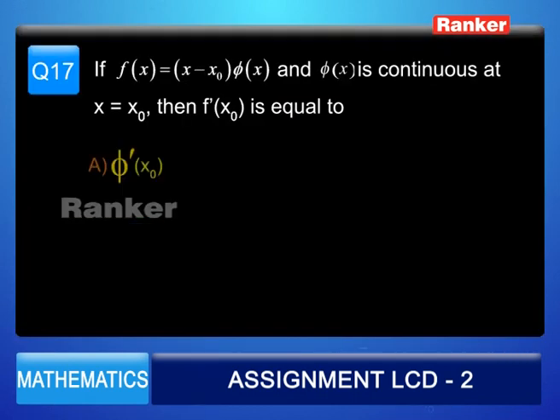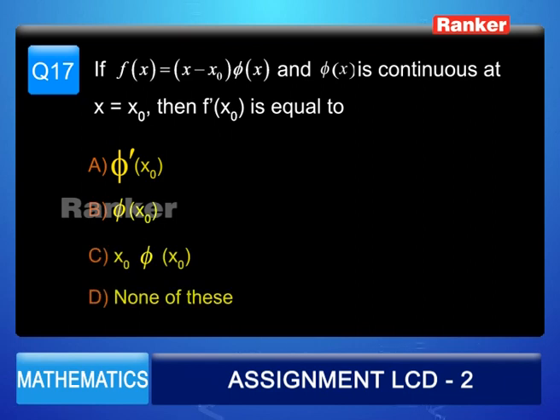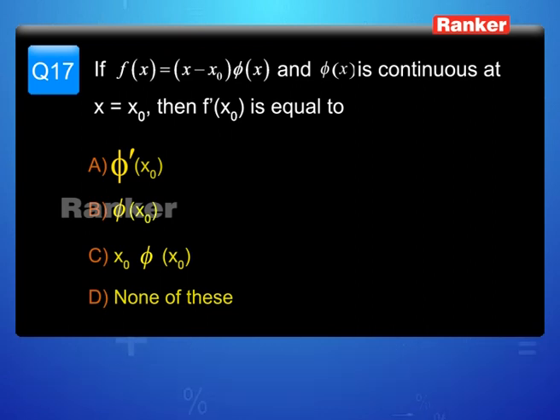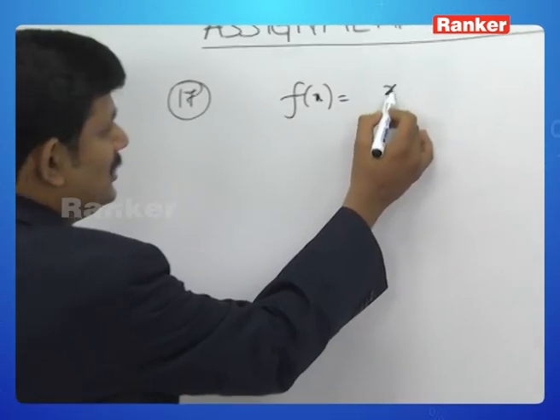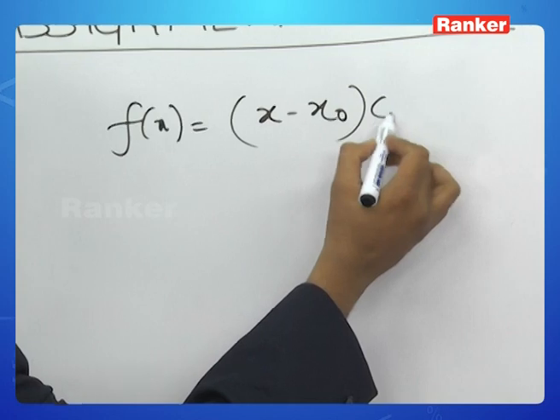If f of x is equal to x minus x naught into phi of x, and phi of x is continuous at x equal to x naught, then we have to find the value of f dash of x naught.